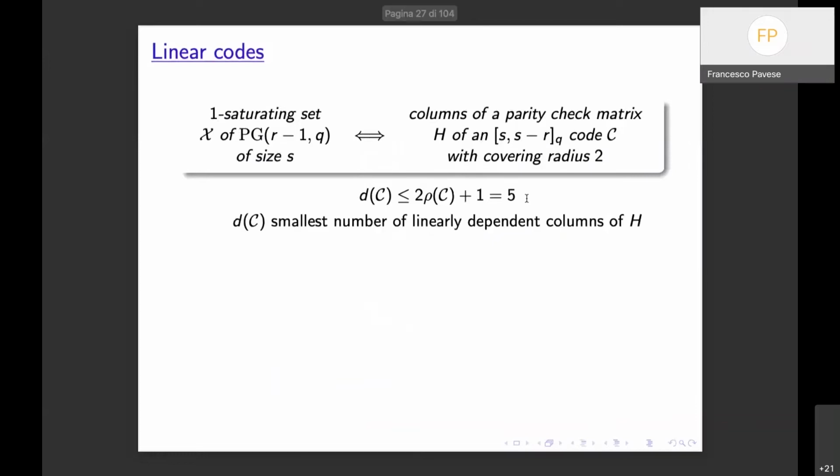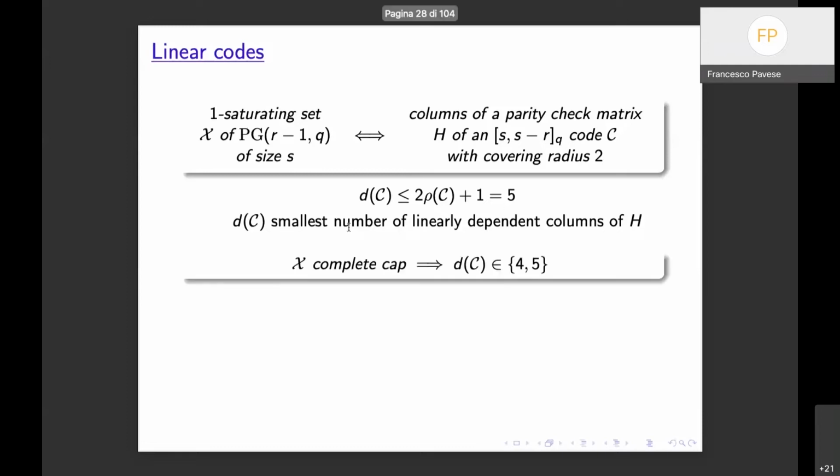Moreover, we can think of the minimum distance as the smallest number of linearly dependent columns of the parity check matrix. But since every 3 columns have to be linearly independent if we consider X as a cap, for a cap the minimum distance is either 4 or 5.